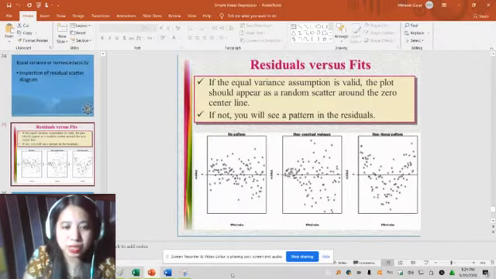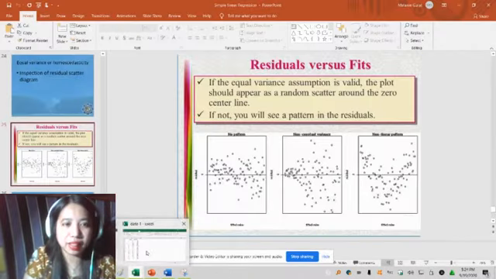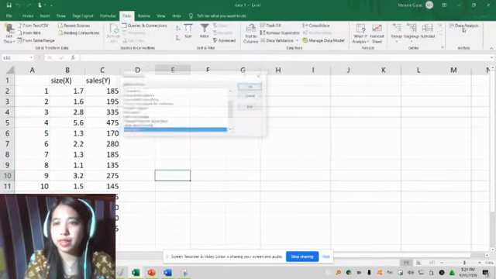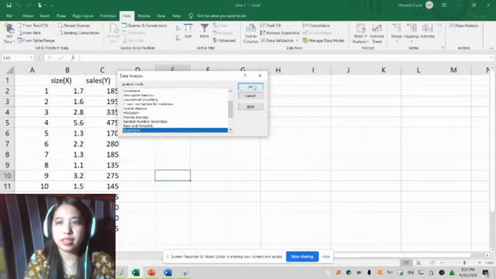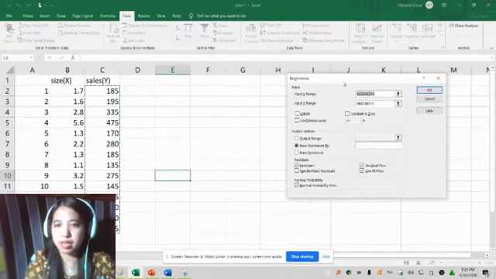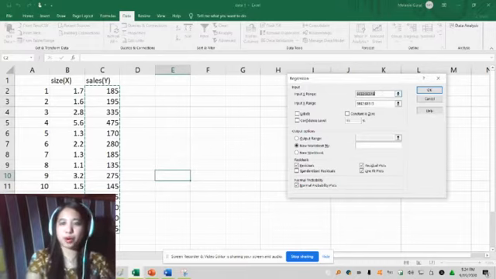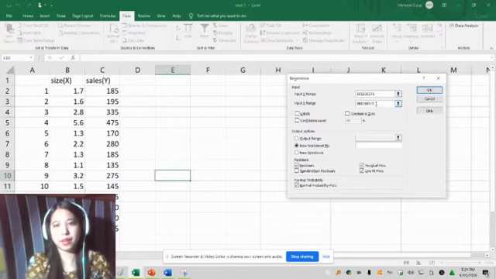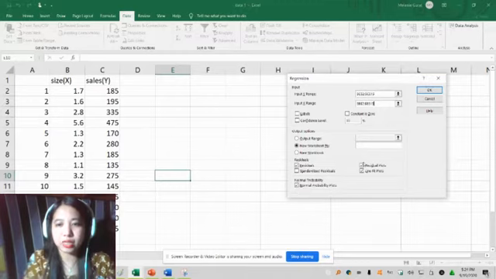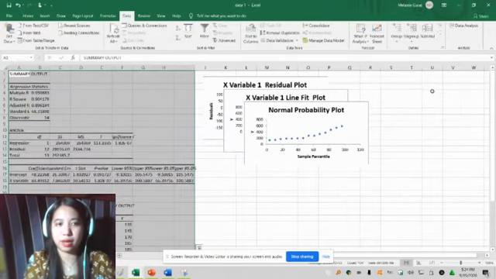So we are going to use our original data. This is our data. And we will generate the regression using the data analysis. Just click data analysis, regression, and click OK. Let's select our Y values, our X values, and then you can just check residuals, normal probability plots, residual plots, and line fit plots, and just click OK.